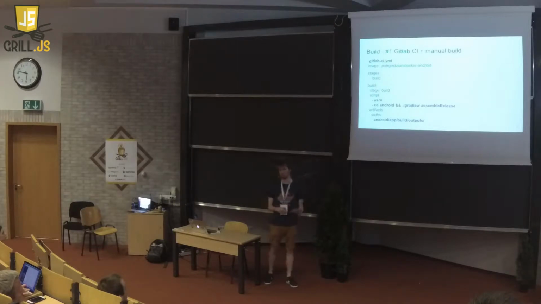It will go through the Android project and build the application. And then it has this concept of artifacts. It means that this directory will be left over, so the data produced in this directory will be saved. And in this directory, we'll have the Android APK. So this is the first option.